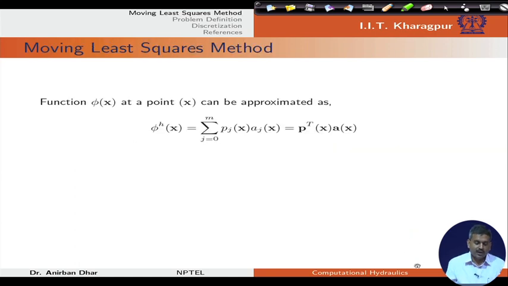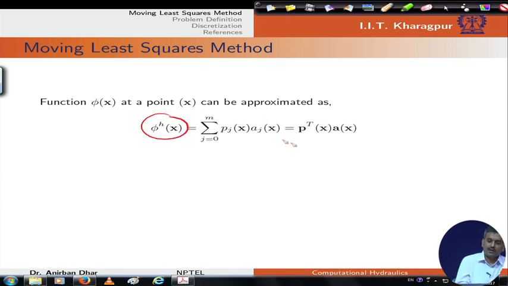What is this moving least squares? In our polynomial interpolation, we have represented our function in terms of P transpose A, and depending on the basis we have different kinds of approximations.